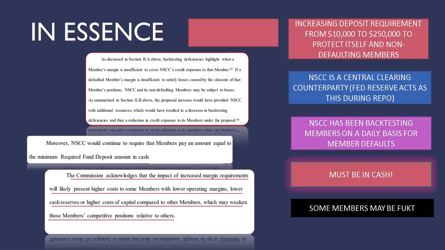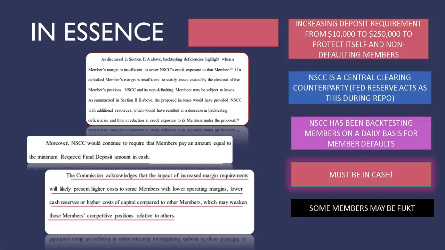So in essence, as discussed in Section 2, backtesting deficiencies highlight when a member's margin is insufficient to cover NSCC's credit exposure to that member. If a defaulted member's margin is insufficient to satisfy losses caused by the closeout of that member's position, NSCC and its non-defaulting members may be subject to losses.